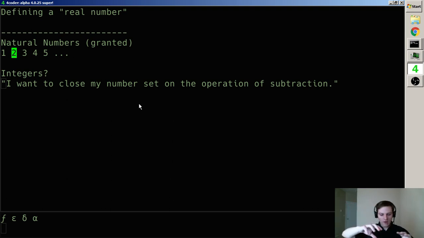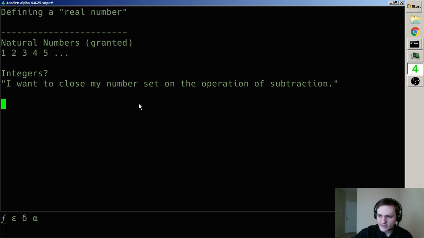We want a set where within this set, if I take things out of the integers and subtract them, I should get integers still. I shouldn't have to add yet another set on top of it to get more subtraction answers, right? So closure doesn't just mean adding answers to questions we don't have. It fundamentally means making a new set that has a property that the previous one didn't have, but retains all the properties that the previous one did have too.